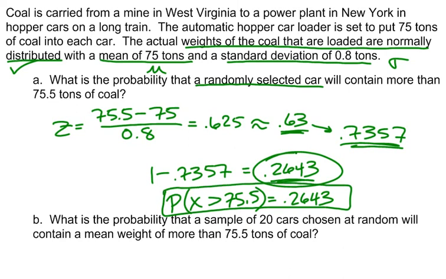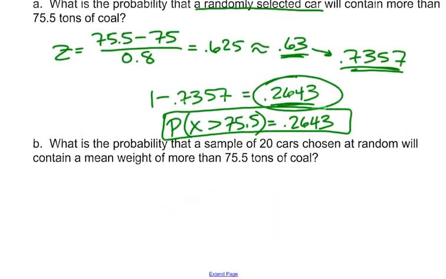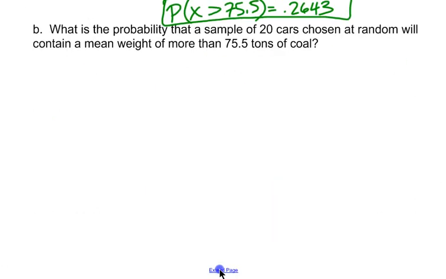Okay, so that was the probability of working with one individual car. Now when we go to part B, we are talking about the probability for a sample of 20 cars. So now we are dealing with a much larger group, in which we've taken a sample of 20 cars chosen at random, and we want to test whether their mean weight for that sample, that's x bar, would be 75.5 tons or more.